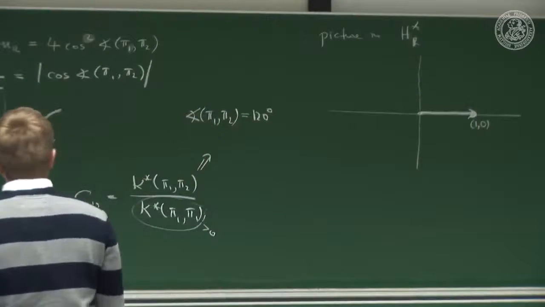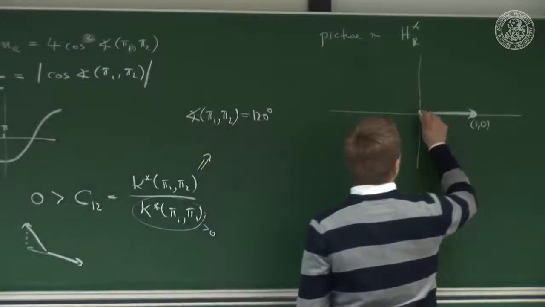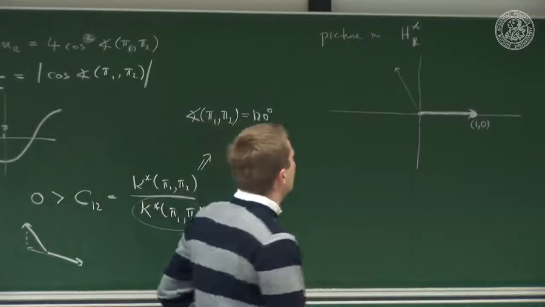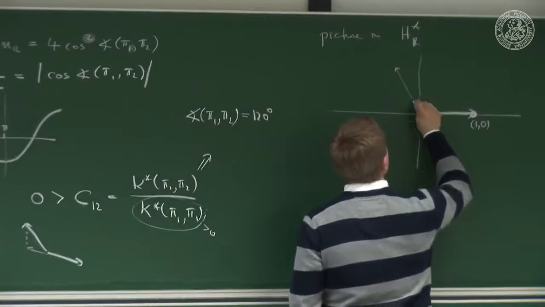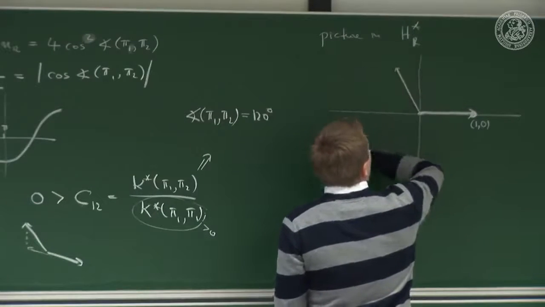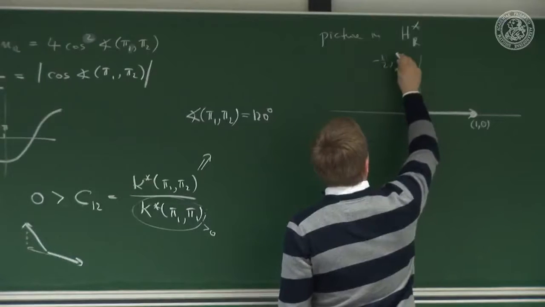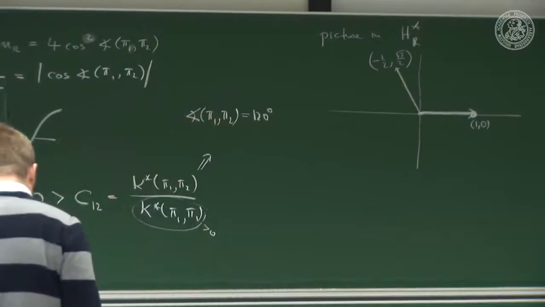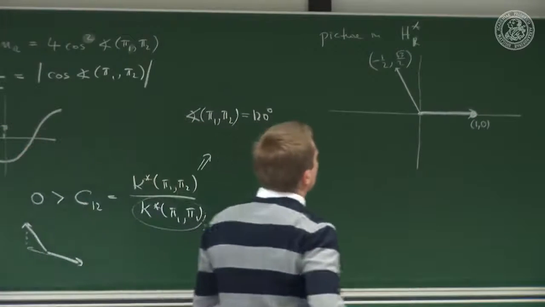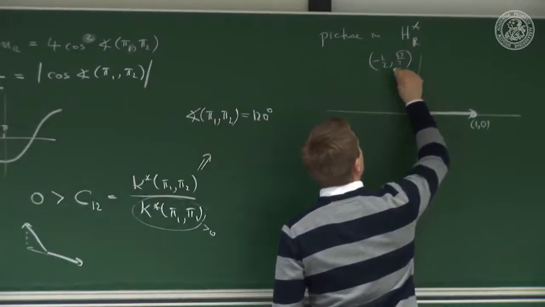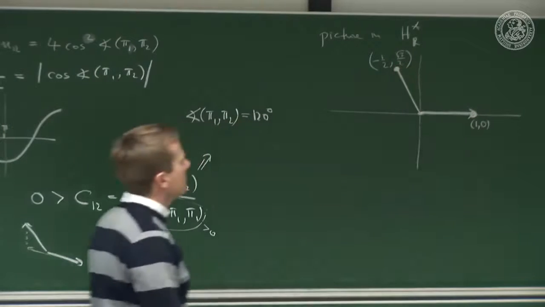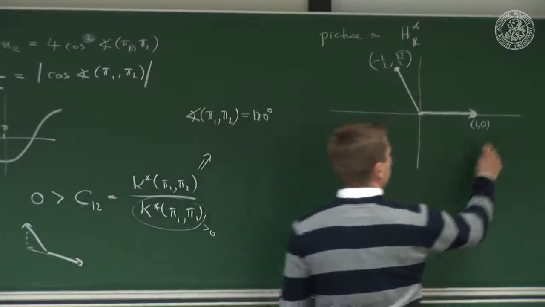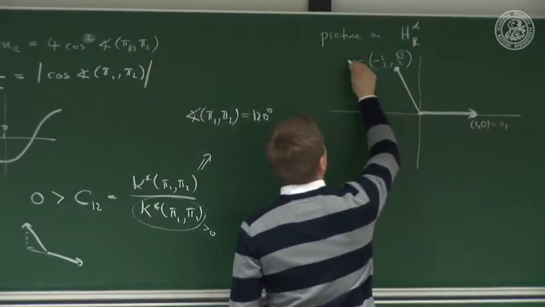And then the other one must be at 120 degrees. So let me put it here, for instance. It doesn't matter, you could rotate the whole thing. But that then needs to be, if this is length 1, (-1/2, square root 3 /2). Let me think, this squared is a fourth plus 3/4 is 1. Yeah, that's right. Okay, so we can take this here as the other root. So these are the two fundamental roots. Now, this is pi1, and this is pi2.